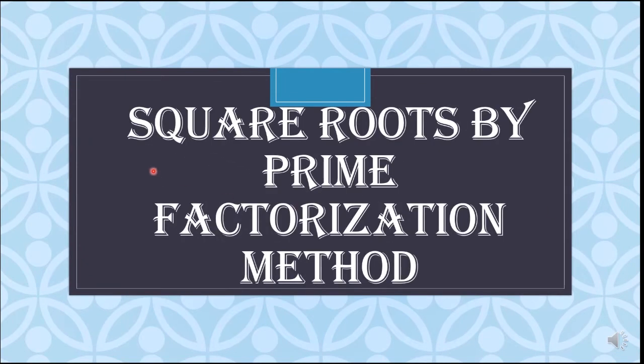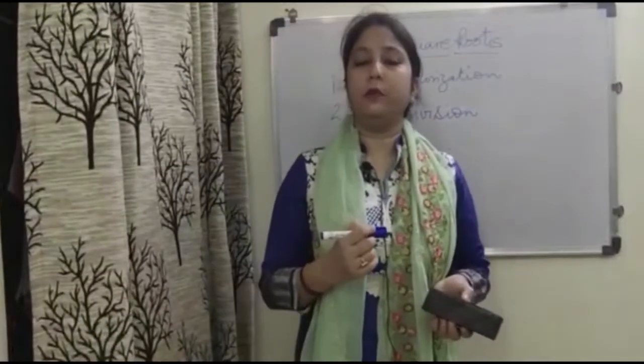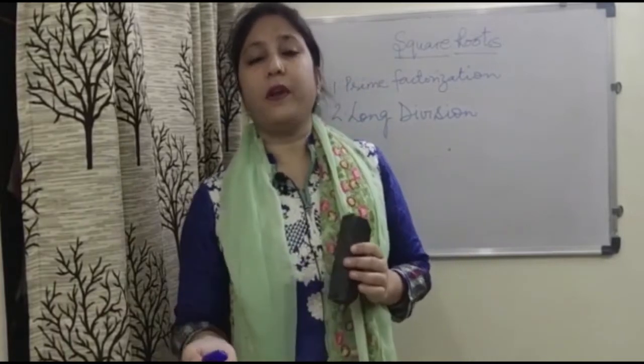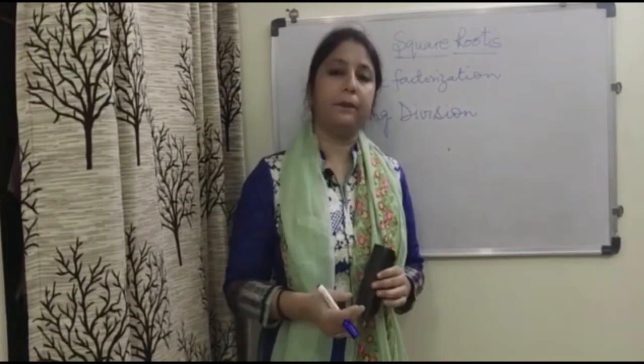Now comes square root. Square root by prime factorization method. Now in the remaining part of the video, children, you are going to enjoy how to calculate the square root of a given number.